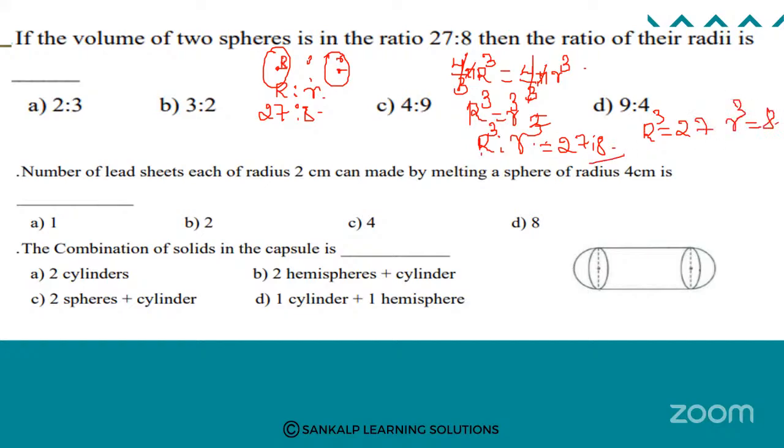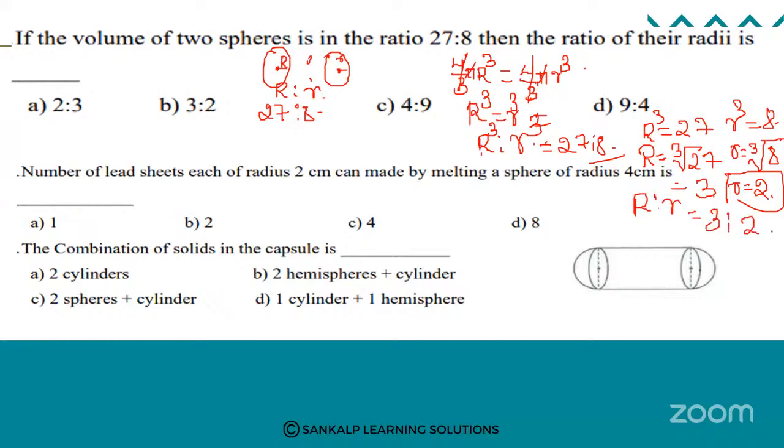So R cube is equal to 27, then what is R? Cube root of 27, which is 3. And here r is equal to cube root of 8, that is r is equal to 2. So R is to r is 3 is to 2. This is the value of capital R and this is the value of small r. So which option is right here? Option B is right.